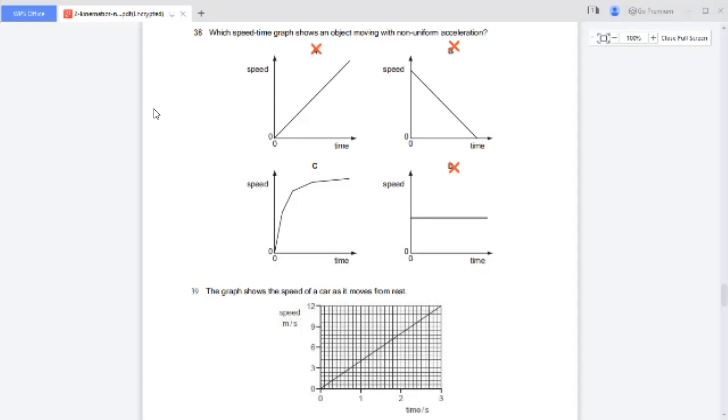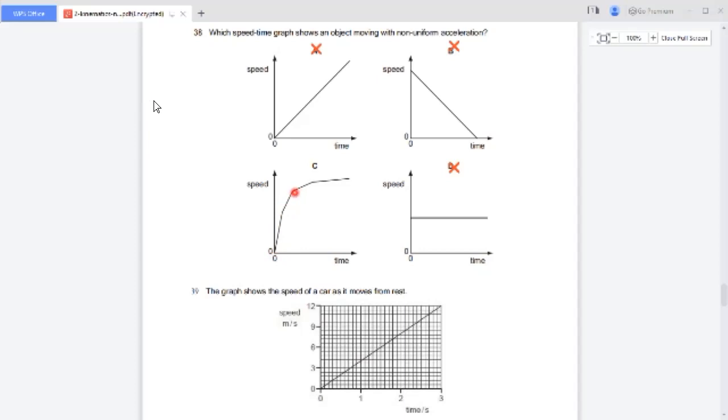And look at the C part. If we consider this is the starting point, and this is the first point, then during this period the acceleration would be different.